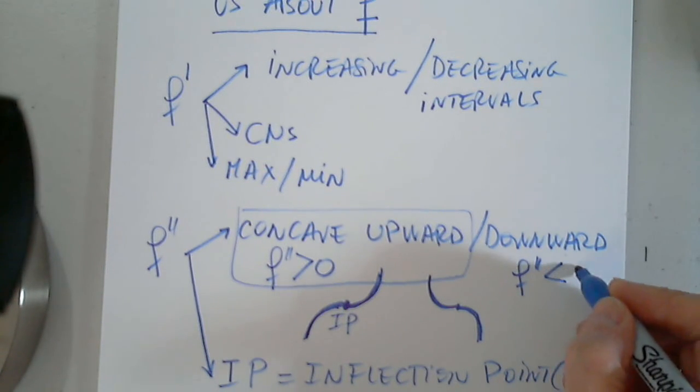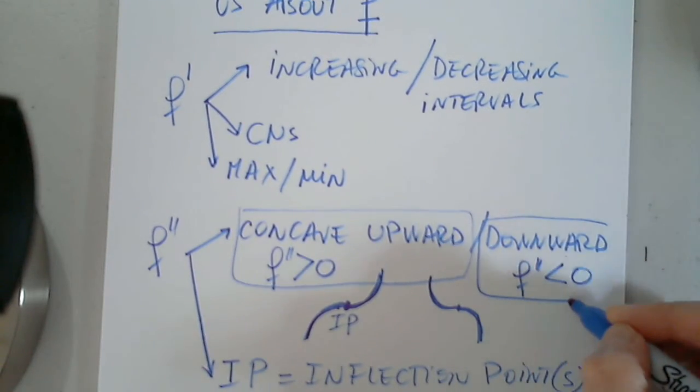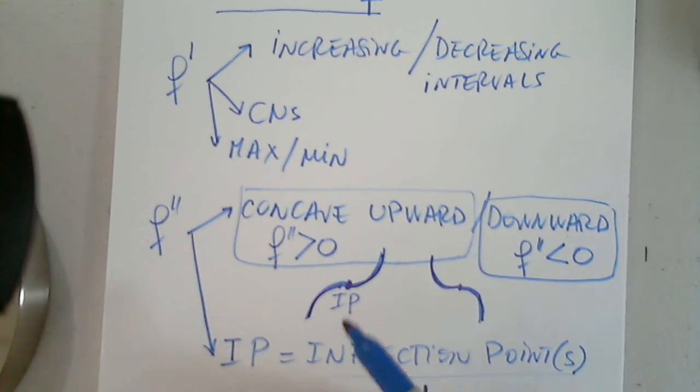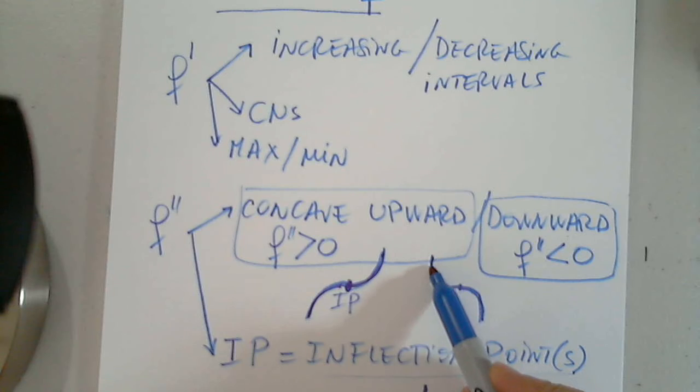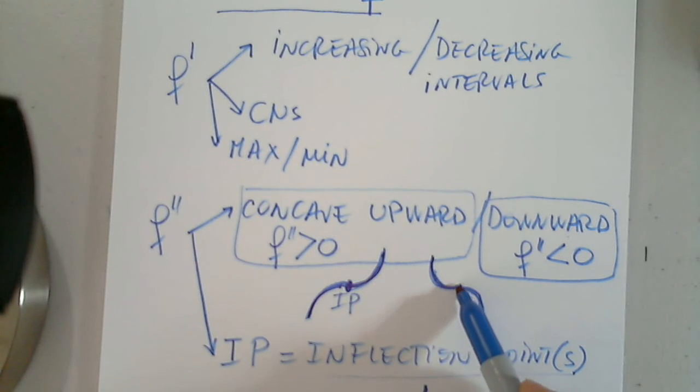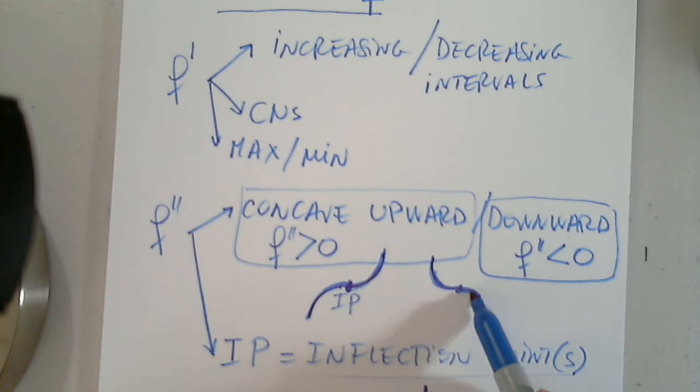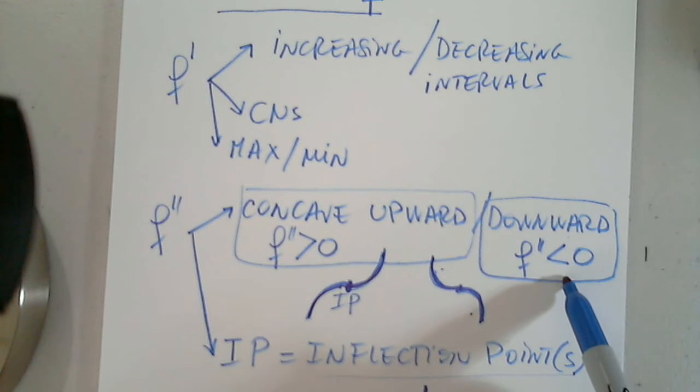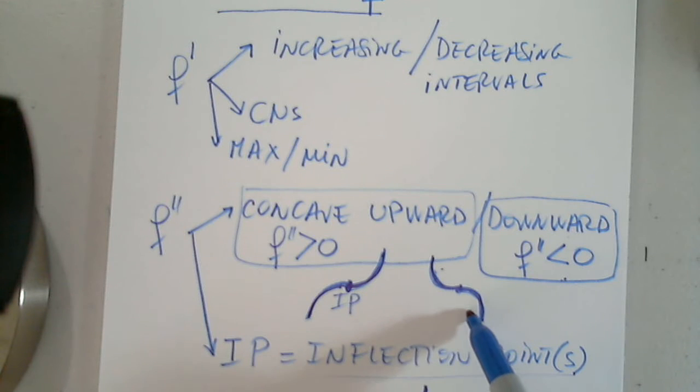The second derivative is negative. So here the second derivative is negative, here the second derivative is positive. That's why this is an inflection point. Second derivative is positive, inflection point, and second derivative negative. Holds water, does not. So it's this situation when the second derivative is negative, the function will be opening downward.